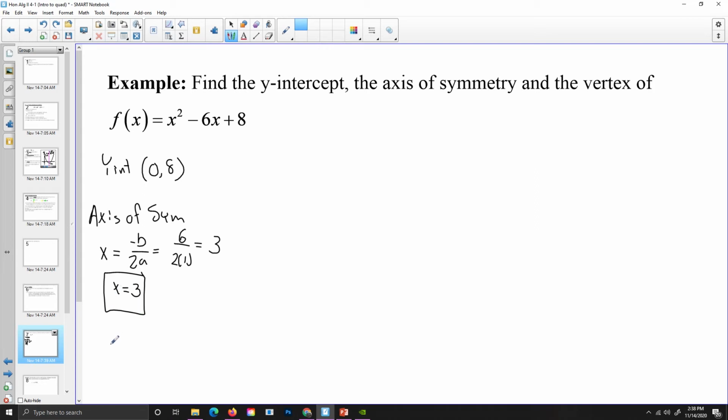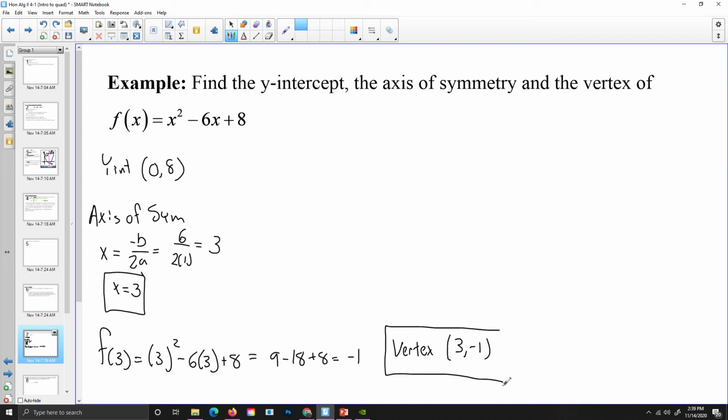So we are going to plug in 3 into our function f of x, so we'll have 3 squared minus 6 times 3 plus 8, which will give me 9 minus 18 plus 8. So I will have -1 as my vertex. My vertex, in the final answer, will be (3, -1).